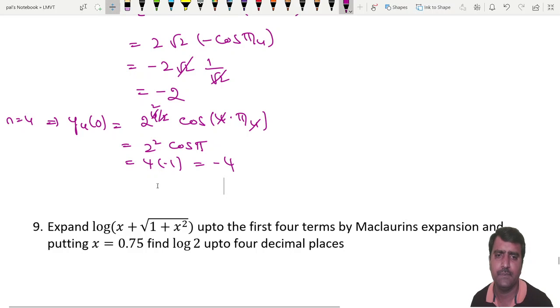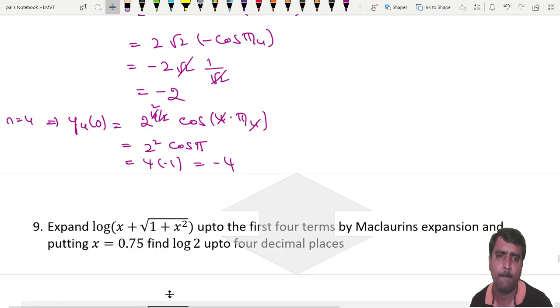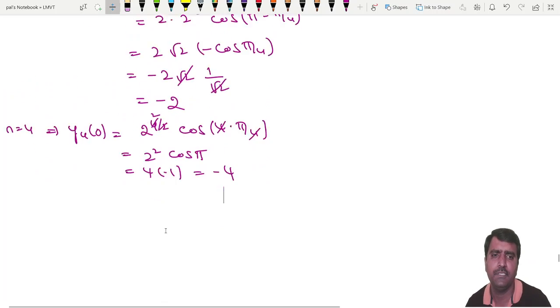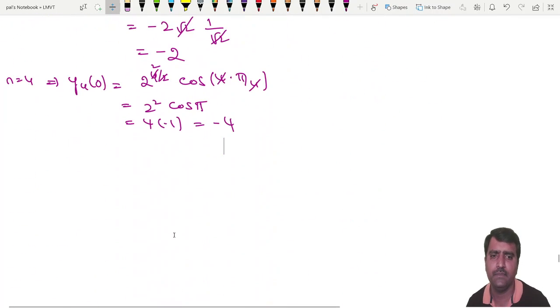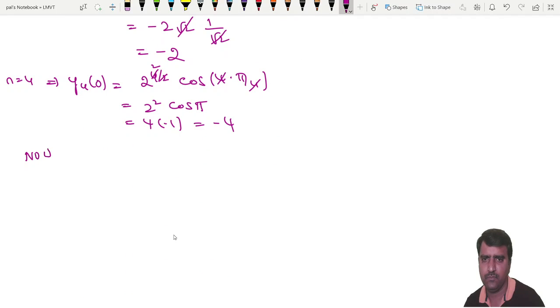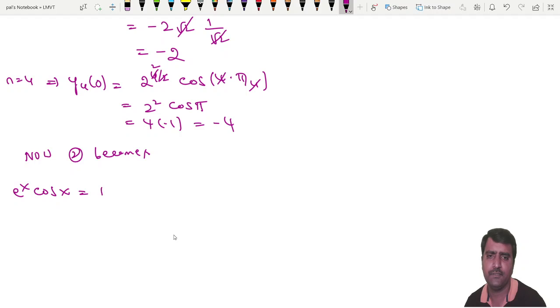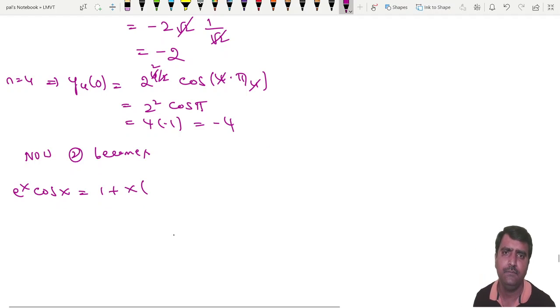So now you substitute all these values in the given expression. Now expression 2 becomes: y of x, e to the power of x into cos x, is equal to y of 0 plus x into y1 of 0.